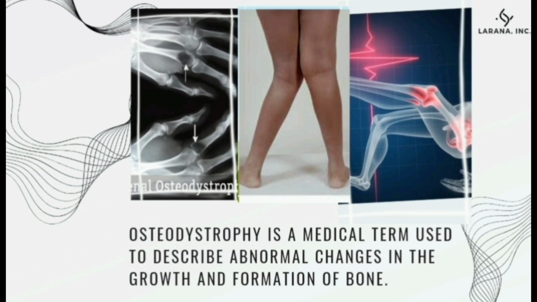For example, in osteomalacia, the bone tissue breaks down but new bone doesn't form, leaving it spongy and weak. As you can see in the middle picture, that's what we call osteomalacia. The leg is deformed, and sometimes the bone can take the shape of the letter C.